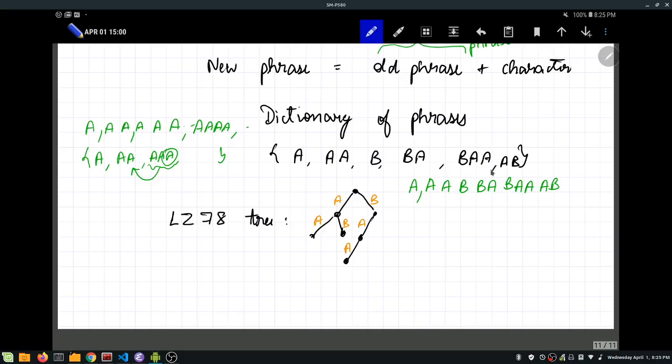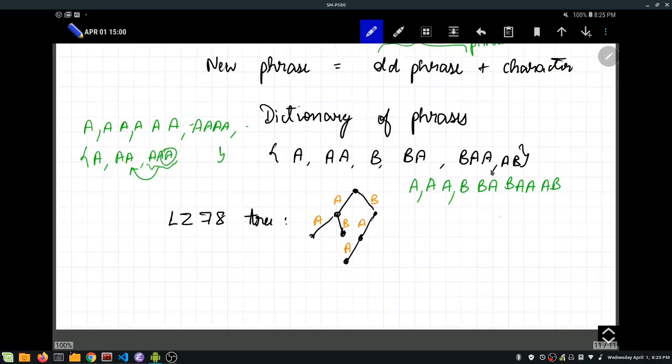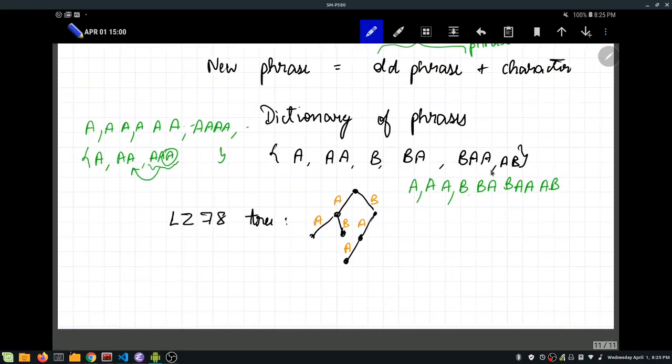A matches with something previously, so it's AA. And then you have B which has not been seen before. Then you have B which has been seen before, so it's BA. BA has been seen before, so the next phrase is BA. We've seen A before, but AB has not been seen. So this is a string and this is the corresponding dictionary.